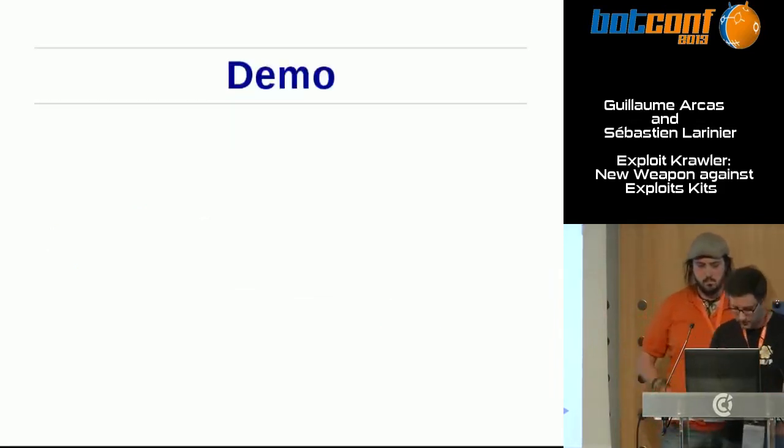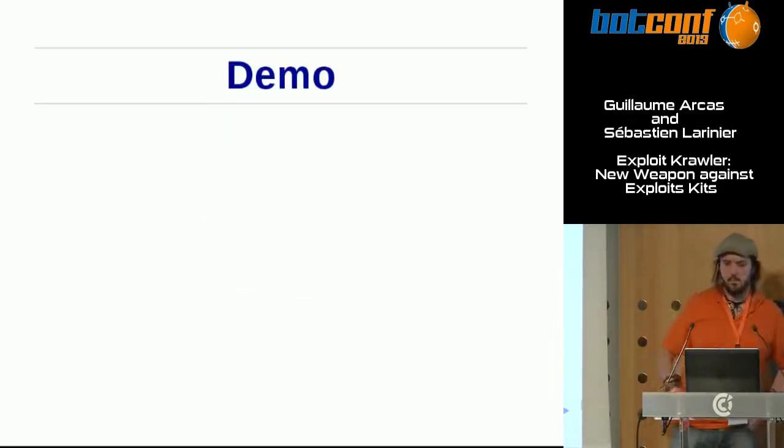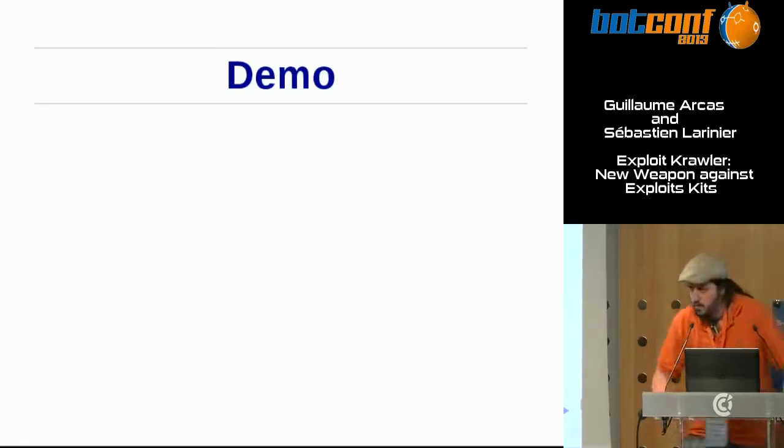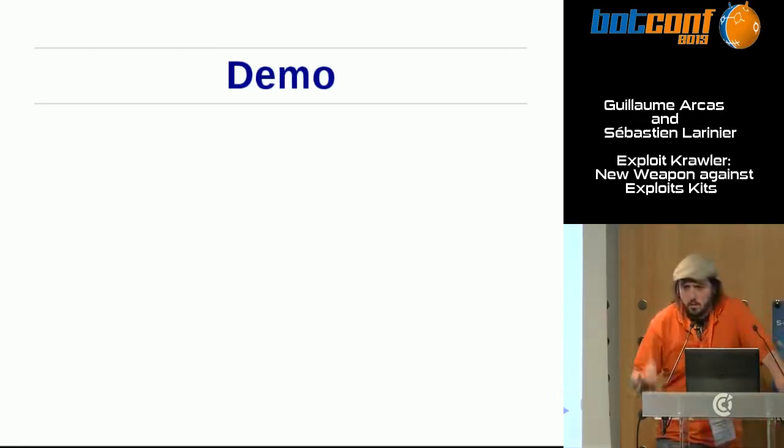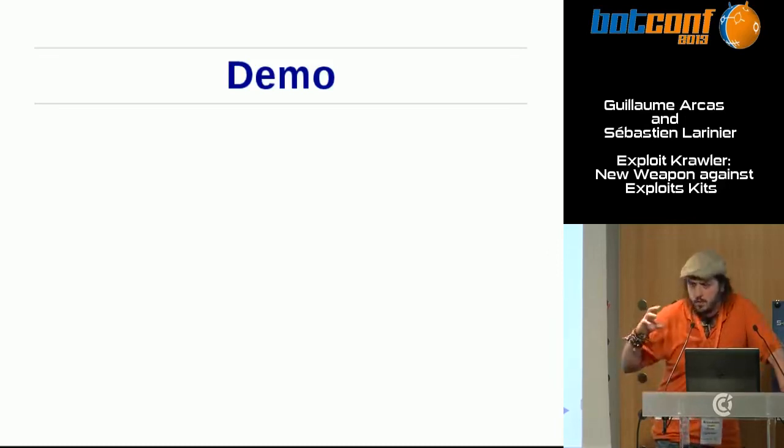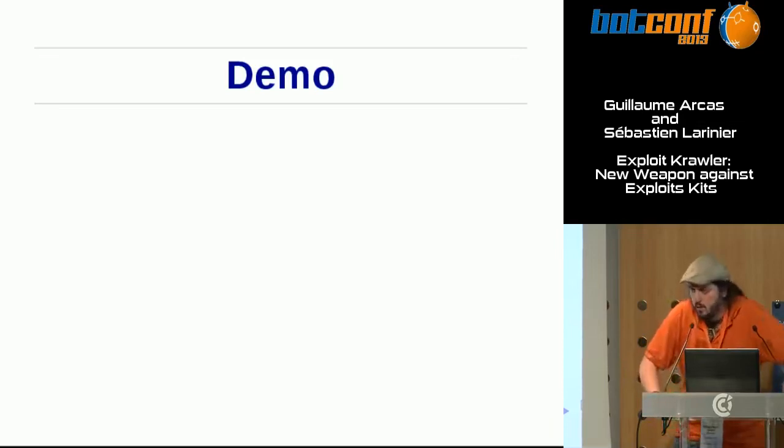Oh, and the demo. So for the demo, I launched one instance of CatchAPT. CatchAPT is a framework like a honeypot to detect anomalous behavior in a virtual machine. How do I detect anomalous behavior?